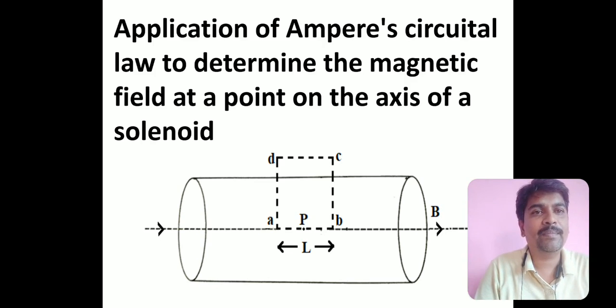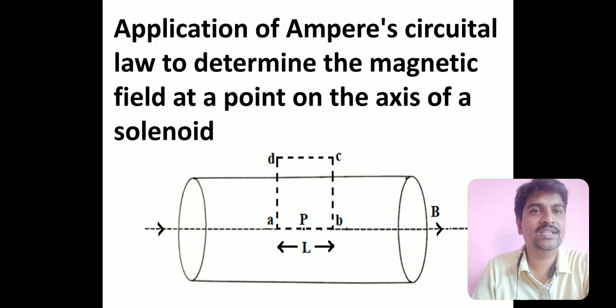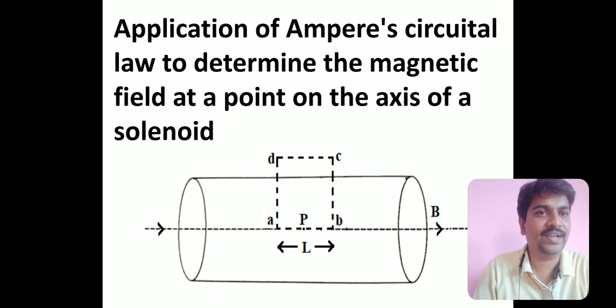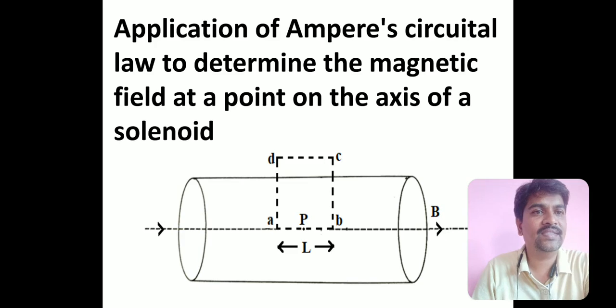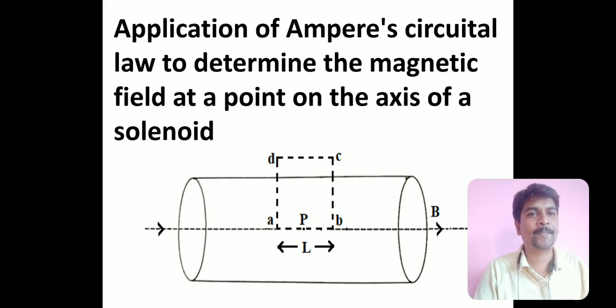So the magnetic field along BC and DA is also 0 because they are perpendicular to the magnetic field. So you can only expect a contribution from the AB path.